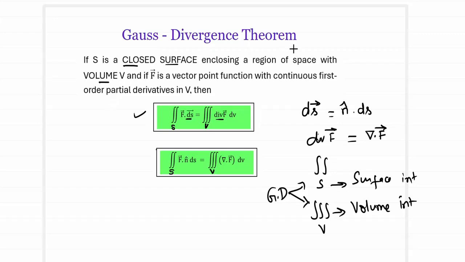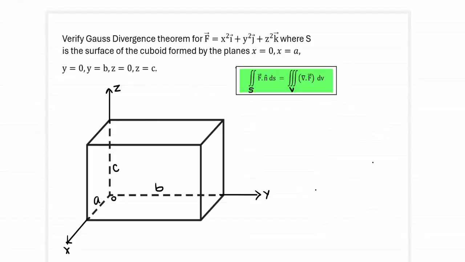In Stokes theorem, you will have one side open, so that you will have a curve C which is the boundary of it. But in Gauss divergence, you have a closed surface, and inside the surface we will have the volume V contained in it.